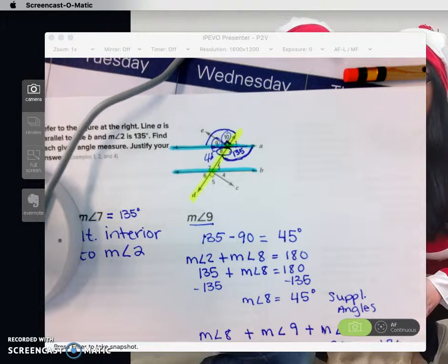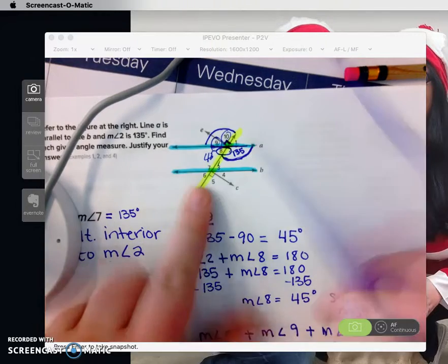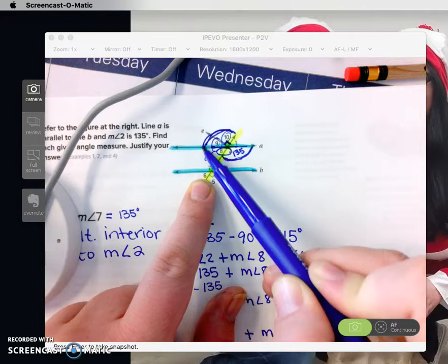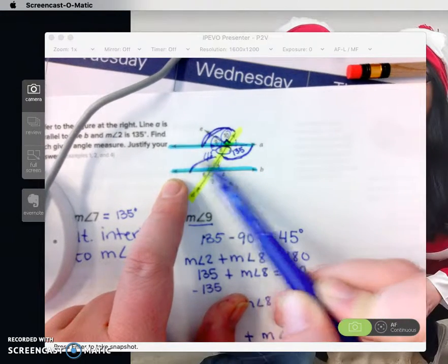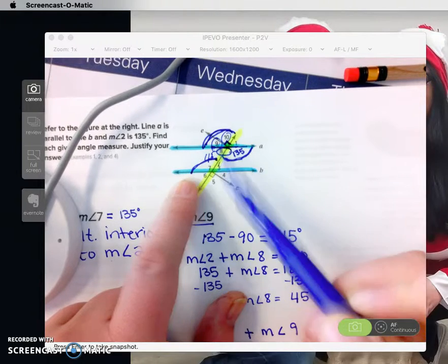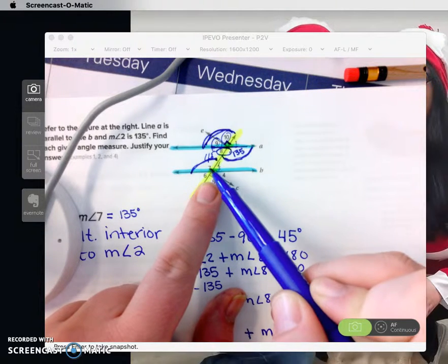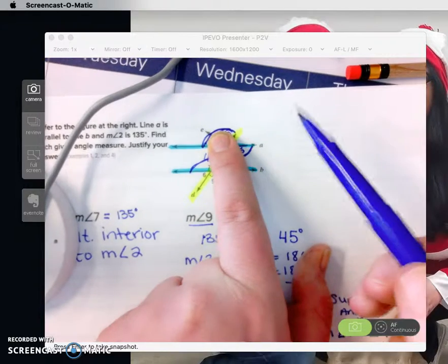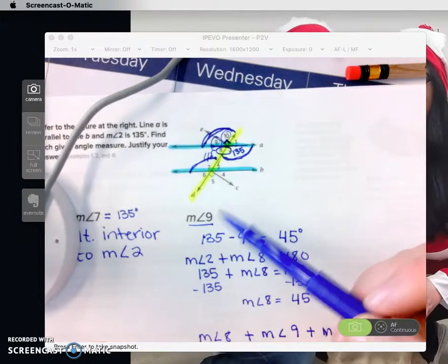Okay, so there's a few different ways that you can do it. You could also see that this blue line here and this blue line here, those are going to be corresponding angles, right? Corresponding angles are in the same relative position. Pretend you don't have that line in between there. So here and here, they're both corresponding.